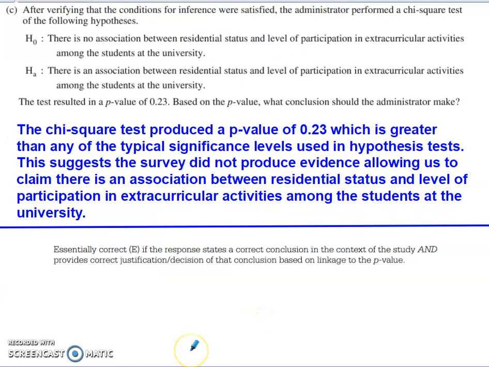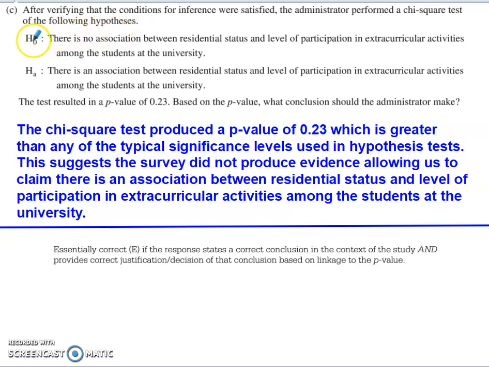Now the last part of this is, if you're mid-year in your AP Stats course, you likely haven't spoken about this yet. This is probably one of the last things that you would discuss leading up to just reviewing for the AP exam for a little while before you take it. So part C says, after verifying the conditions for inference were satisfied, the administrator performs a chi-square test on the following hypotheses.